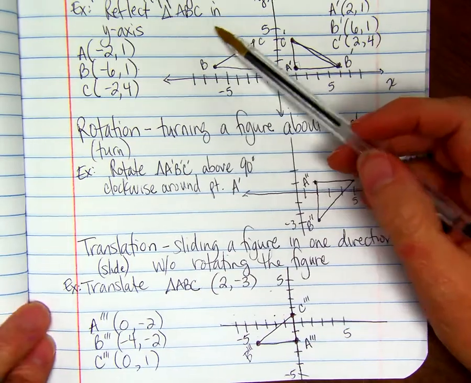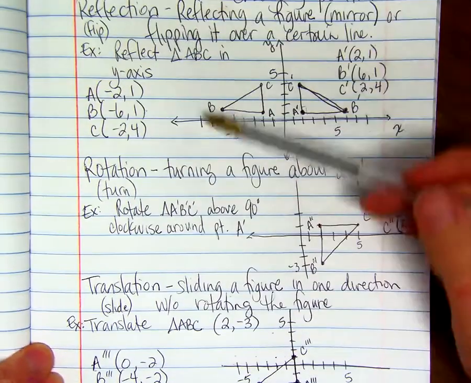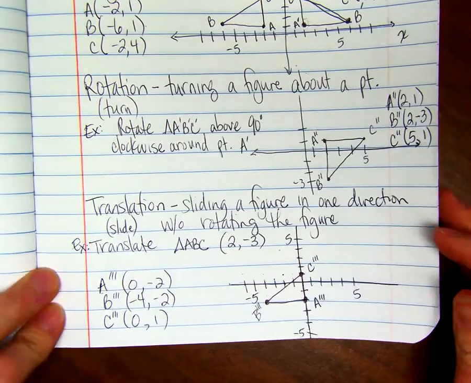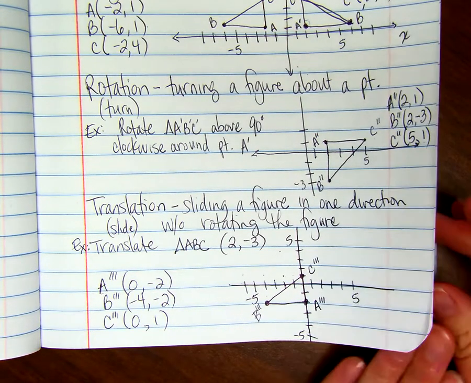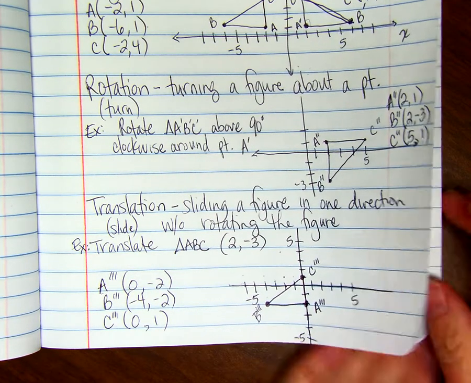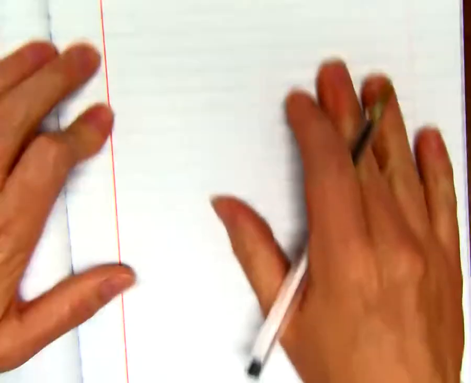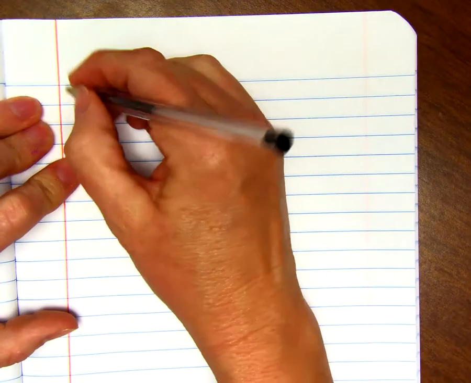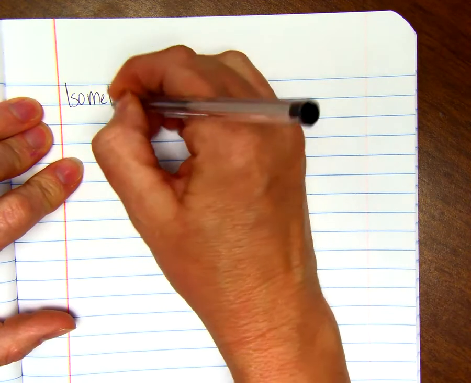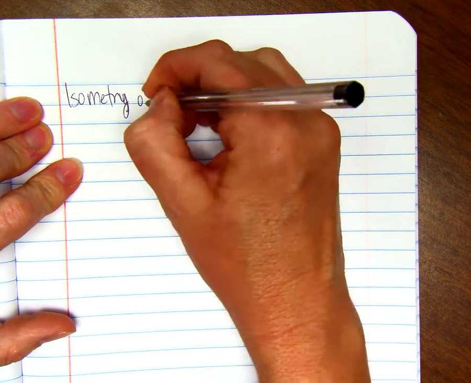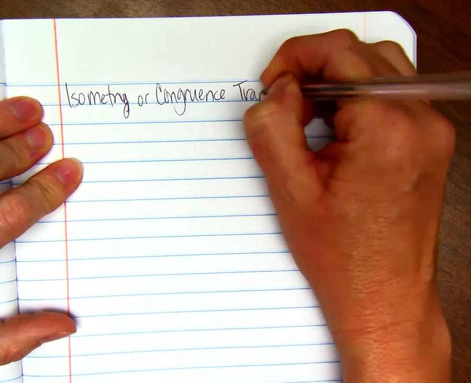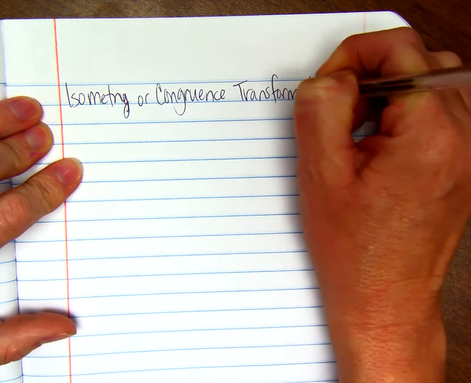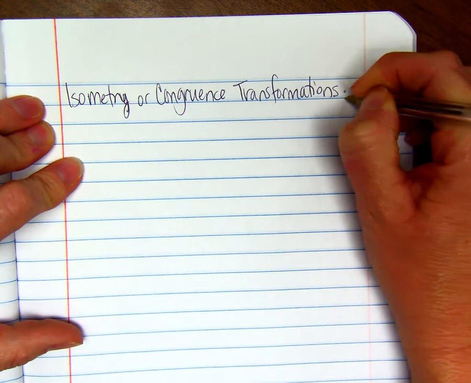These 3 transformations, reflection, rotation, and translation, are all called isometries or congruence transformations. So you're going to write isometry or congruence transformations.